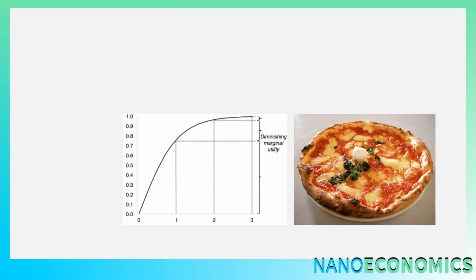So now what we're looking at here is a little margarita pizza and a graph that represents how we would illustrate diminishing marginal utility.